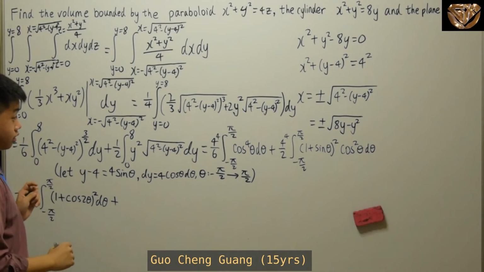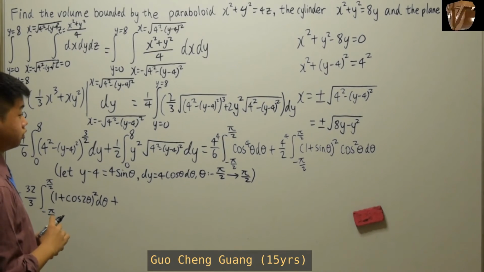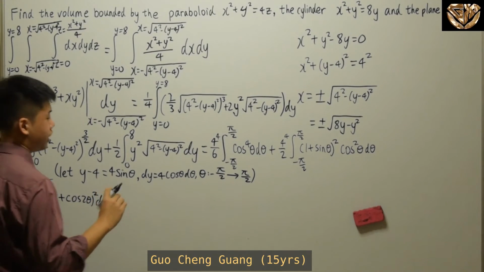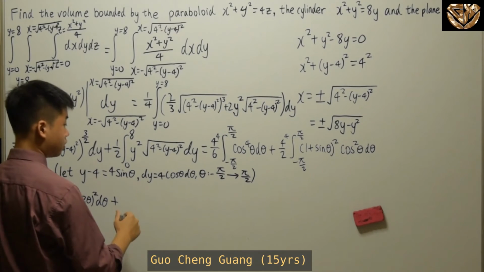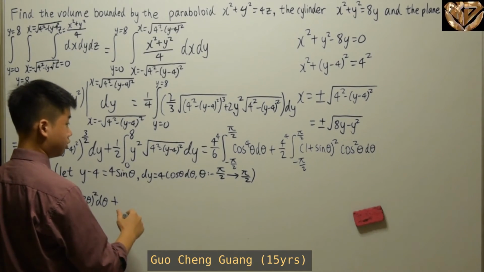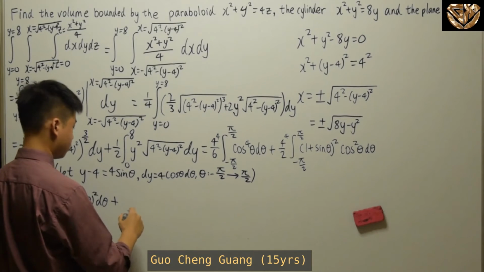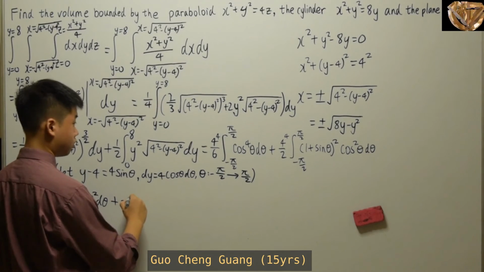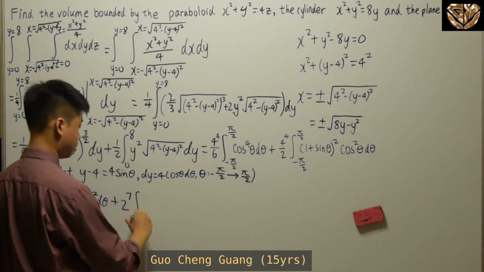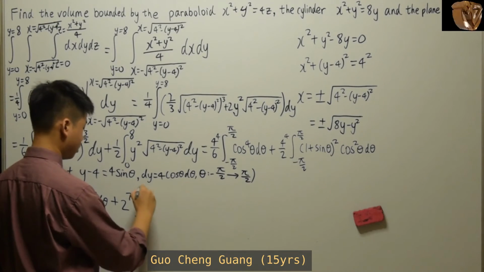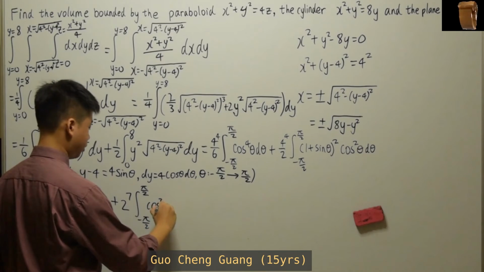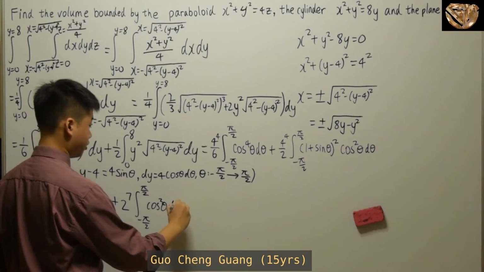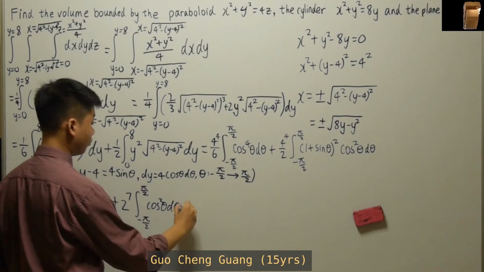Well, in your second term, you are going to have to kind of expand the entire thing. So expanding the entire thing, what you are going to see is, for the first term, a cosine squared theta d theta.